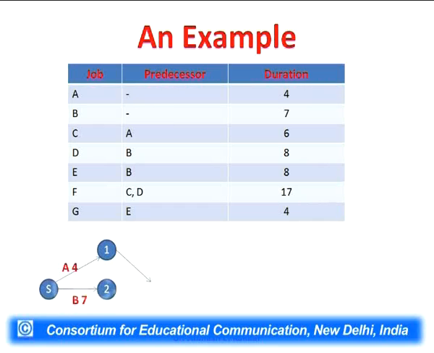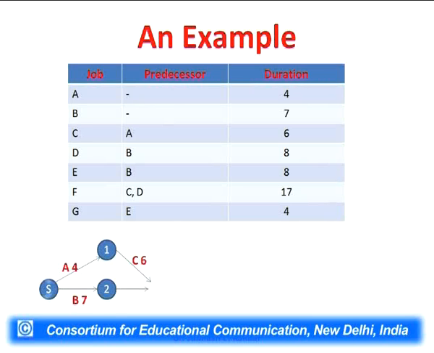Now another activity which is coming out of node 1, because it is after activity A, so we'll see that activity C has a preceding activity A. So from A, C will come out, and C has been mentioned on this arrow, and the duration is 6 as mentioned in the chart.